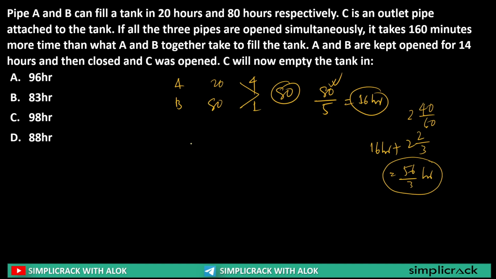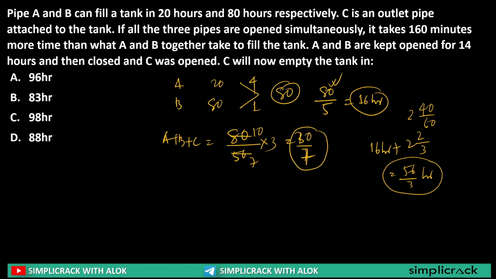So the total time taken by A plus B plus C working simultaneously is 80 divided by 56 by 3. Okay. So this can be written as 30 by 7. So A plus B plus C take 30 by 7 hours. Okay, so now what we can see, or sorry, this is the efficiency of A plus B plus C together.